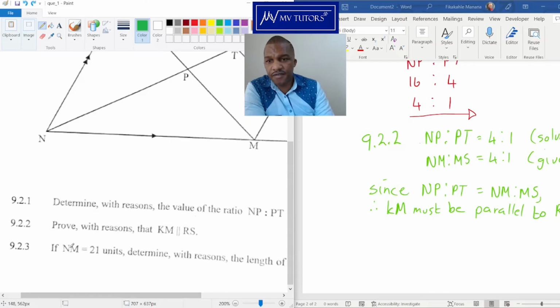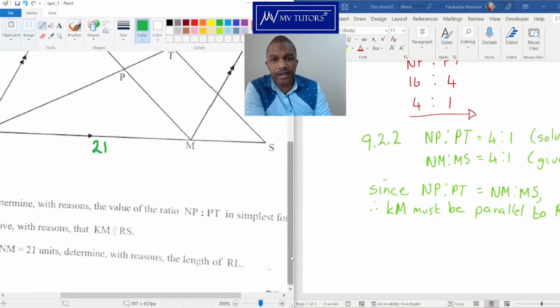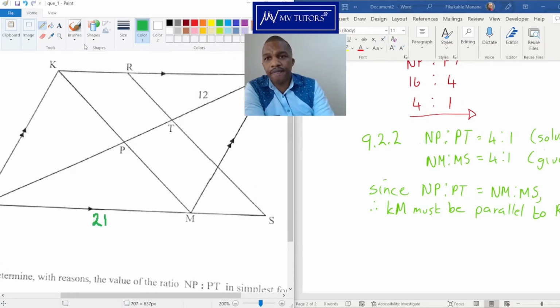It says if MN is 21 units, so NM is 21, determine with reason the length of RL. Let's find RL. RL is right over here. They want us to solve for that.